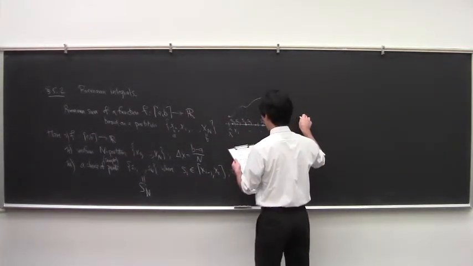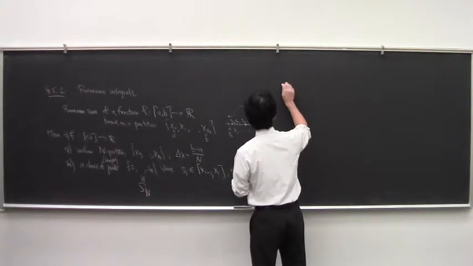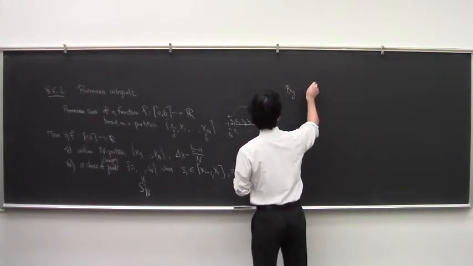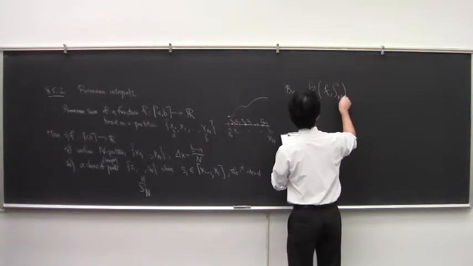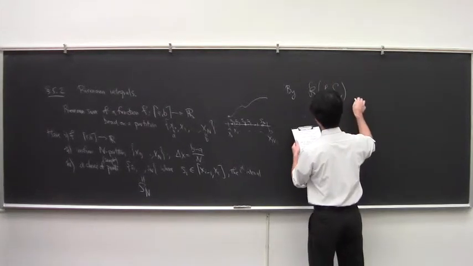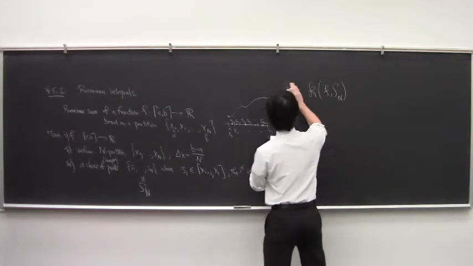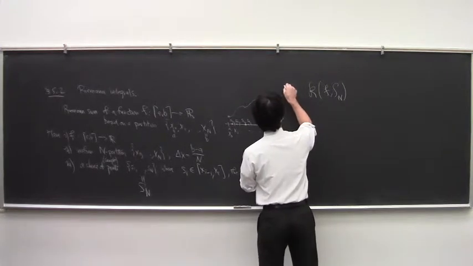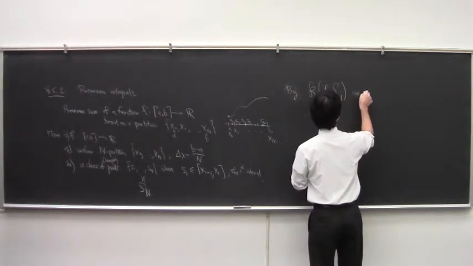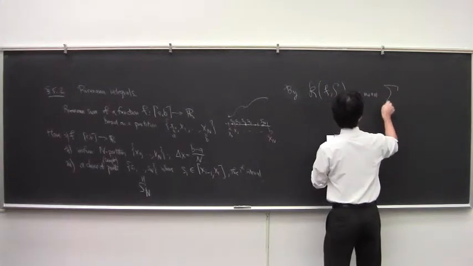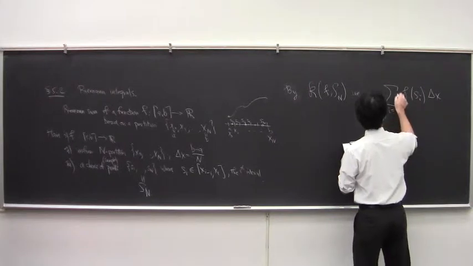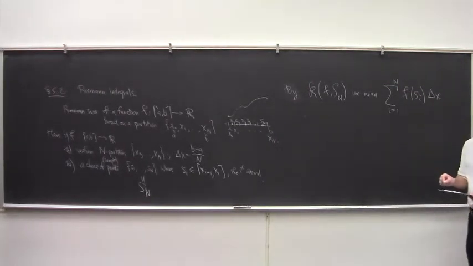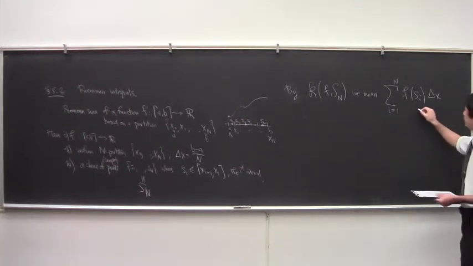Okay. And we'll use capital R sub S_n. By this we mean the summation of f(si) delta x, with i equals 1 to n. So it's a number, right?